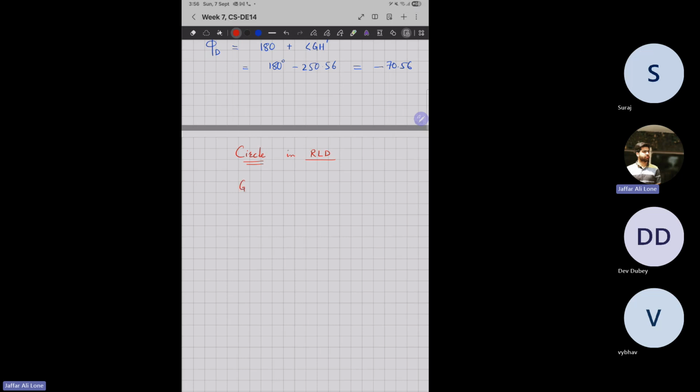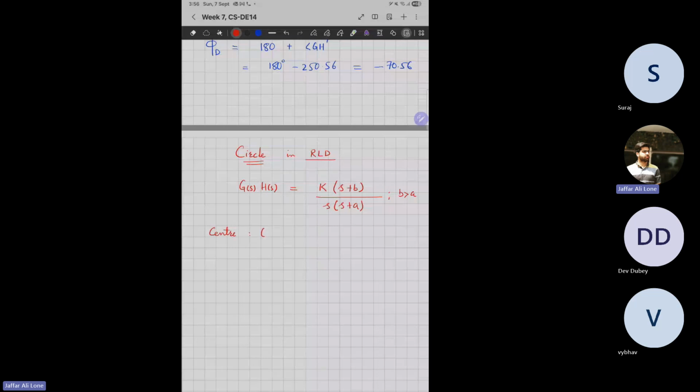If your G(s)H(s) is of this form in general, K(s + b) divided by s(s + a), with b greater than a, then your root locus is a circle.